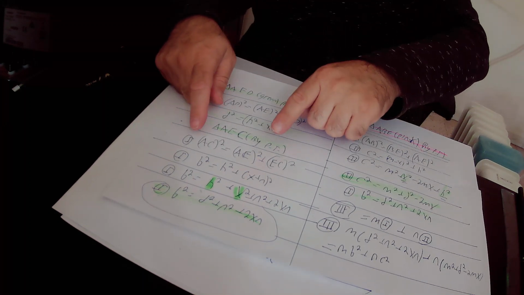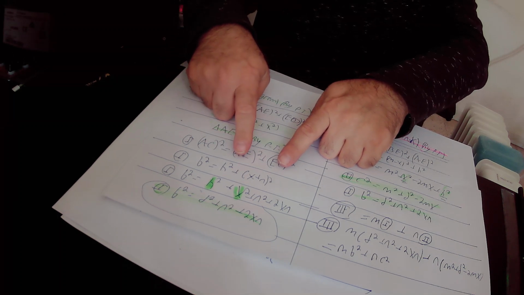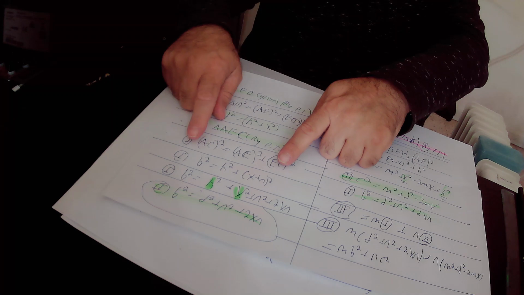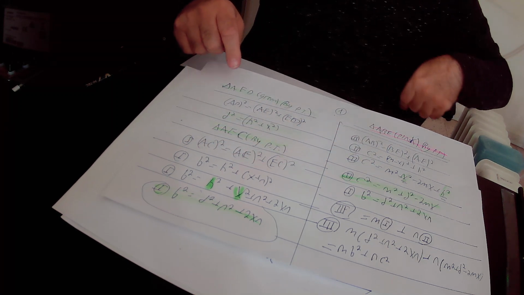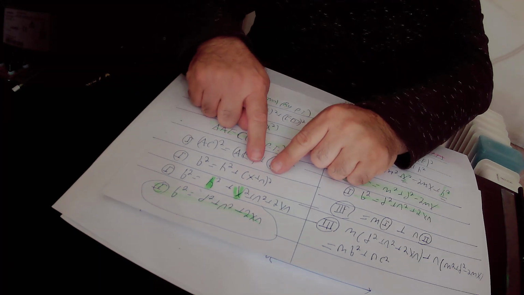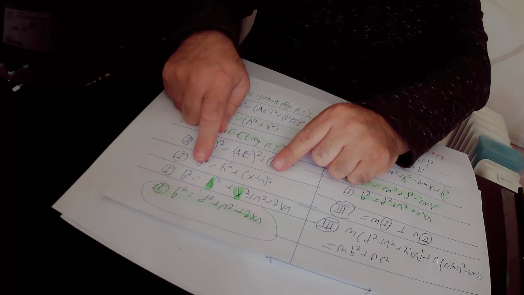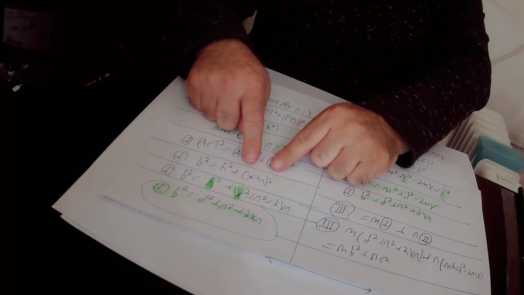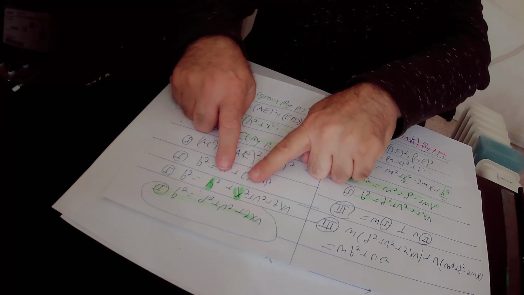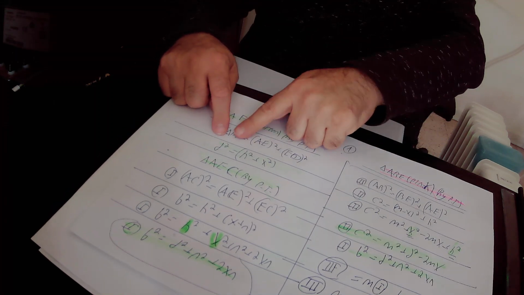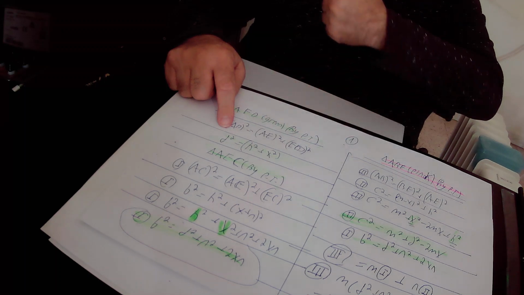So we found that according to equation number 1, b square equals h square plus (x plus n) square. Then we open the brackets on this side of equation number 1, and we found that b square equals h square plus x square plus n square plus 2 times xn. h square plus x square equals d square according to the earlier equation, so we can substitute h square plus x square in equation number 1 by d square.